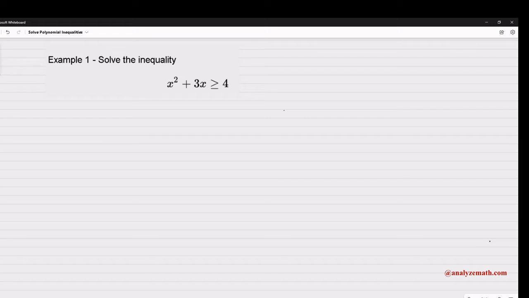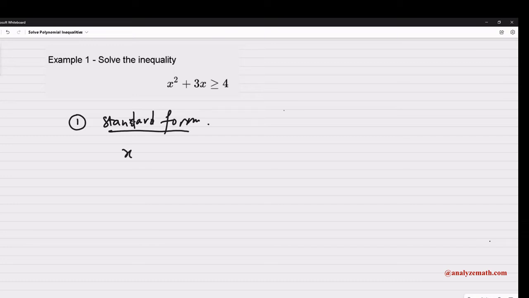Let's look at example number 1, where we have x² + 3x ≥ 4. So step number 1 is to write the inequality in standard form, meaning that one of the sides should be equal to 0.